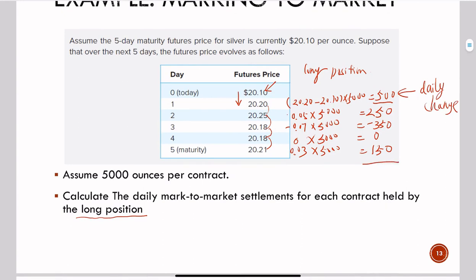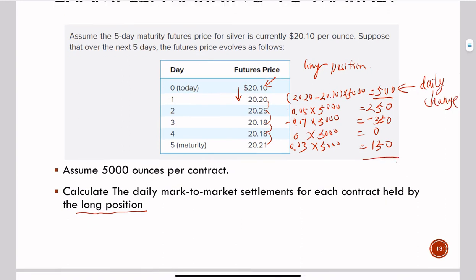You would basically add up these numbers. This would give you, I think, just 500. So this means that holding your futures contract for 5 days, your account balance would increase by 500. And clearly you can see that the account balance is adjusted on a daily basis.